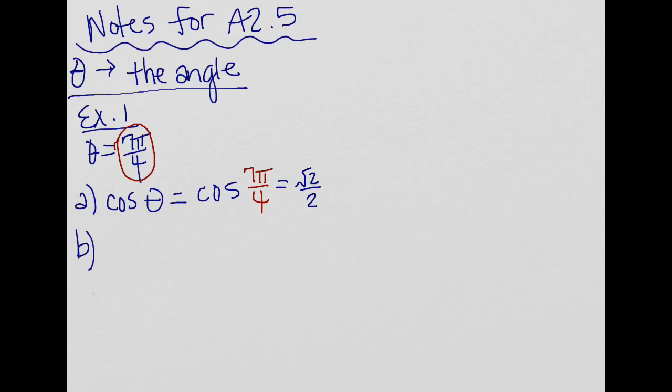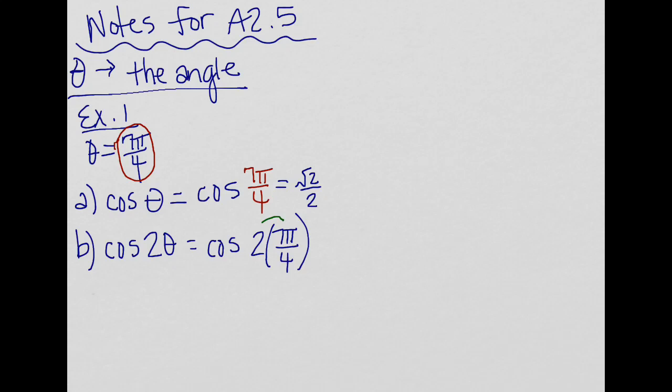Another question that might be asked might look like this. What is cosine of 2 theta? Okay? Well, again, all this has to do with when theta is 7 pi over 4. So I'm going to go, okay, well, cosine of 2 times 7 pi over 4, because that's my theta. Okay, and I'm going to actually work this out.